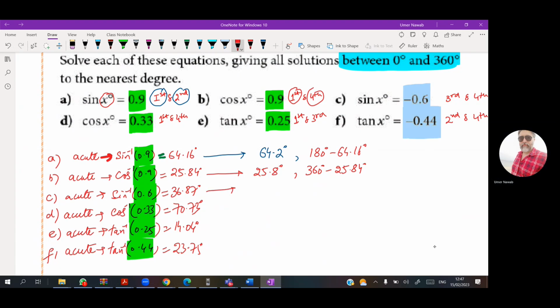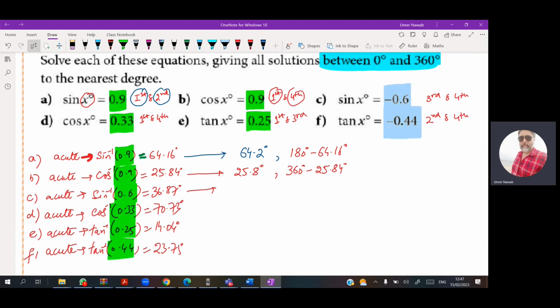Next, C part, I was expecting my answer in the third and the fourth quadrant. So the third quadrant is 180 plus 36.87, and the fourth quadrant is 360 minus the acute angle, 36.87.